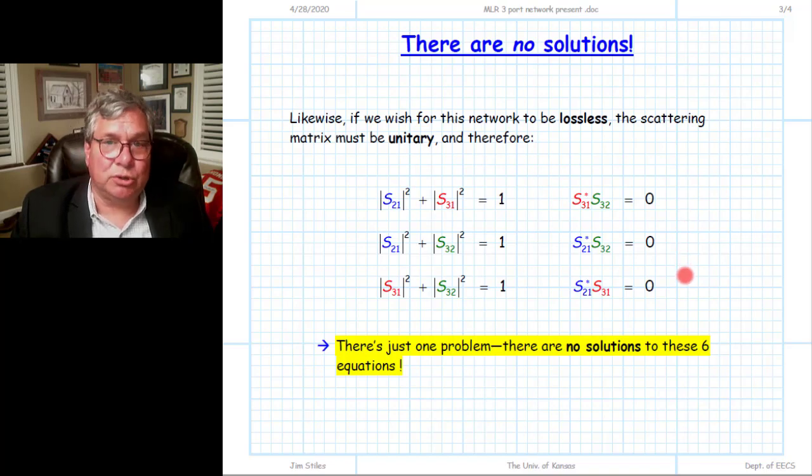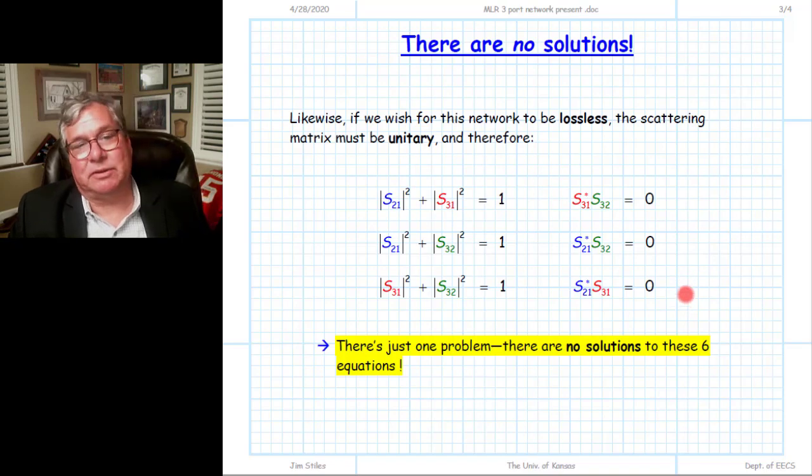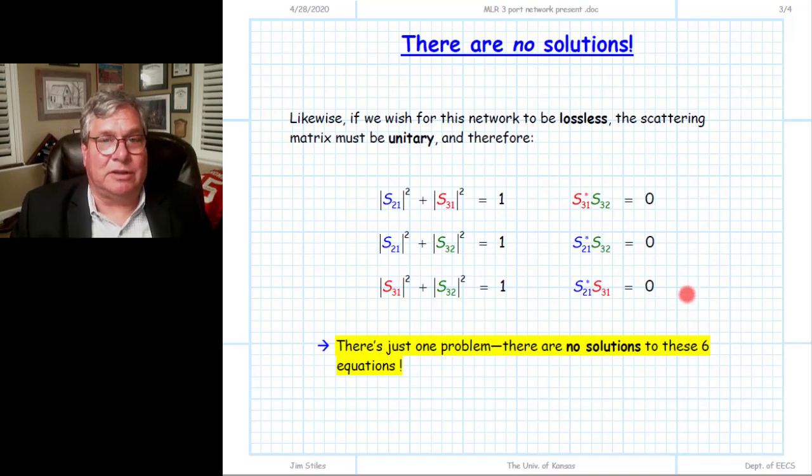Because there is no solution, that means that there is no 3 by 3 matrix that has zero value diagonal elements, that's reciprocal, or symmetric, I should say, and likewise is unitary. There's no such thing as a 3 by 3 unitary symmetric matrix with zero value diagonal elements. And because of that, there is no such thing as a 3-port microwave device that is matched and lossless and reciprocal.